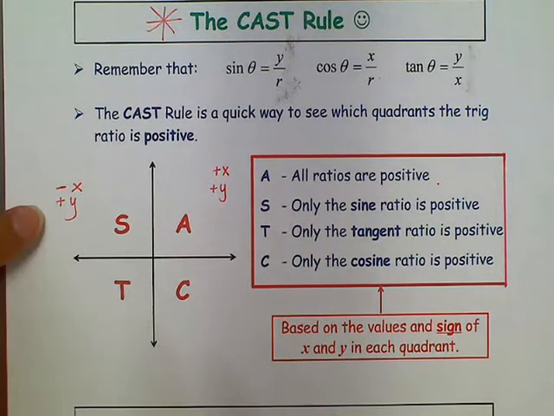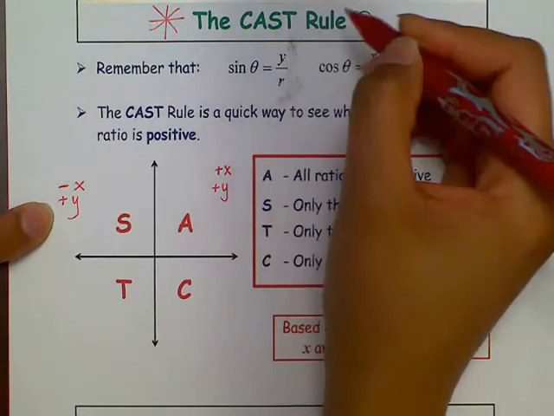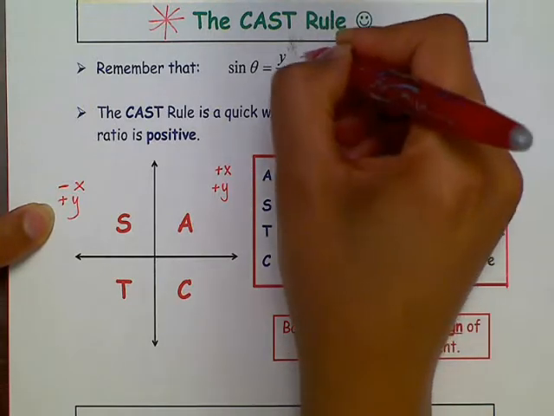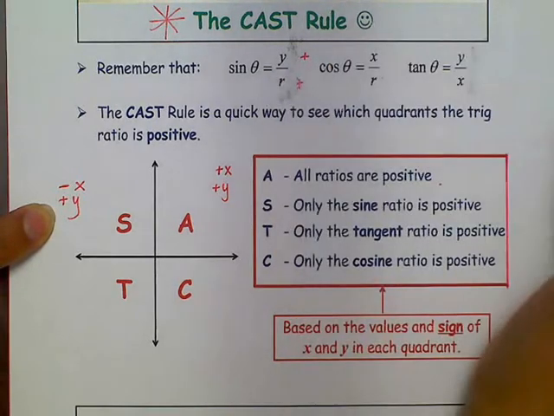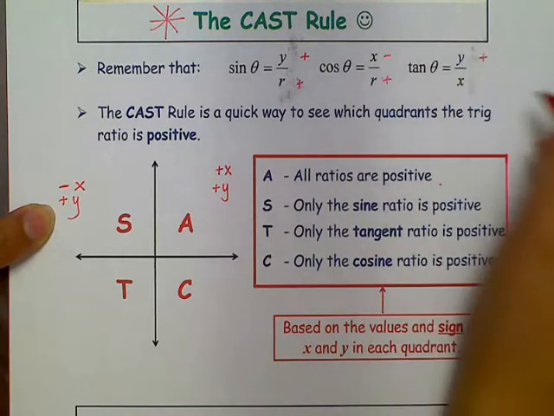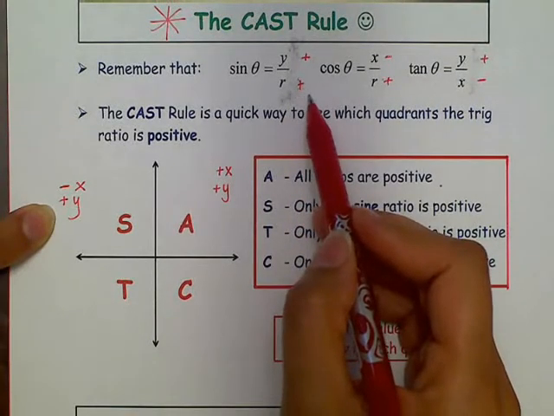Think about what happens. Y is positive in the second quadrant, R is positive anyways, X is negative.